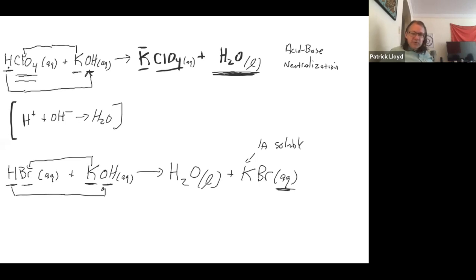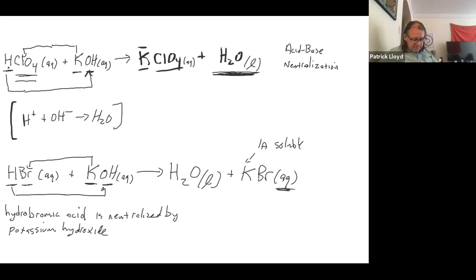So the way we would put this in words is we would say that the hydrobromic acid is neutralized by potassium hydroxide. Okay.